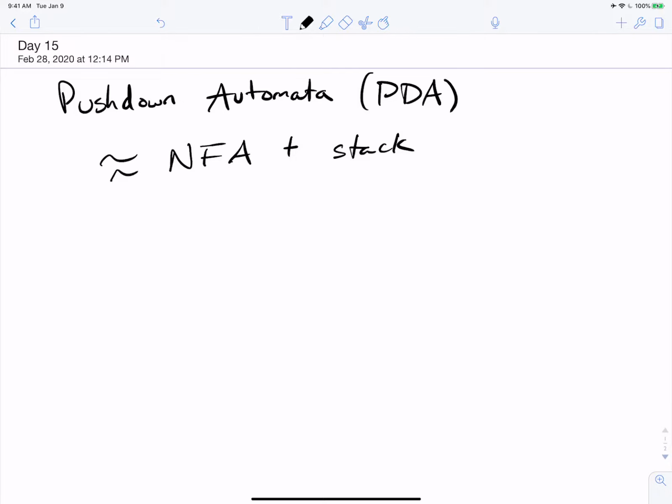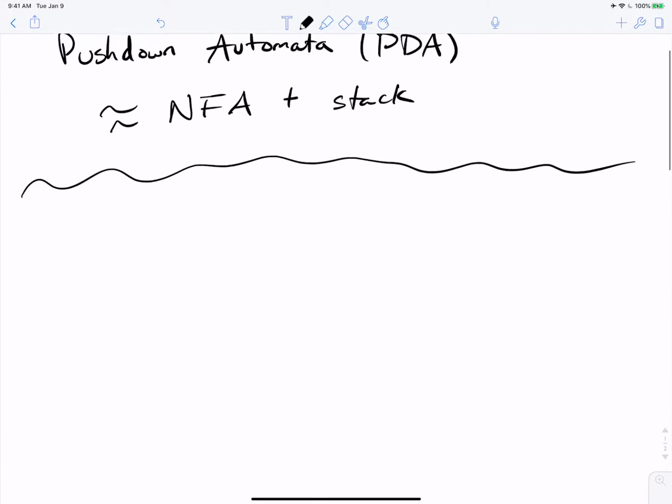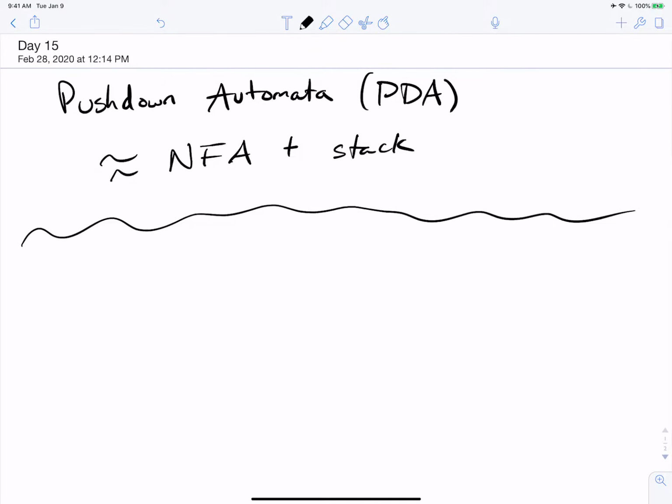And possibly, like we did with regular languages, if there was a conversion back and forth between a grammar and a PDA, that would be handy-dandy. So what could we do about that? Well, if I want to show that these two models are equivalent, the CFG and the PDA model, what would we have to show?